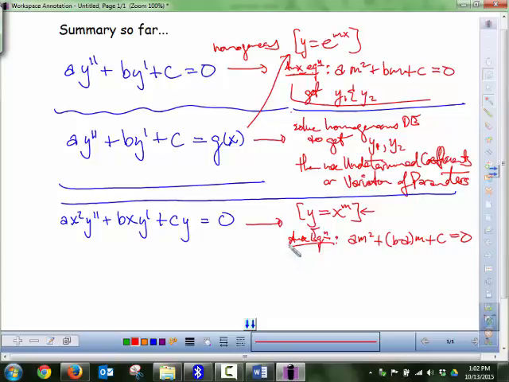But in this case, you get your solutions based on whether you have two distinct roots, in which case it's just x to the m1, x to the m2. If it's repeated roots, remember we introduced the ln of x for this one, and if it's complex conjugates, then there's this weird sine and cosine of something times ln x or something like that.